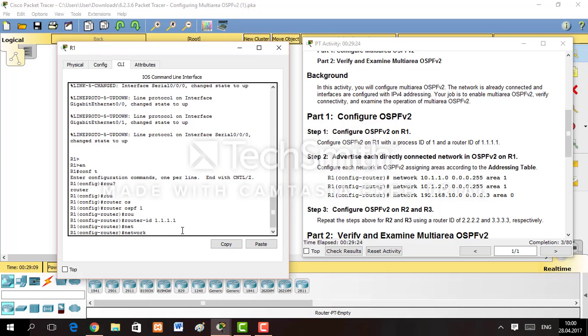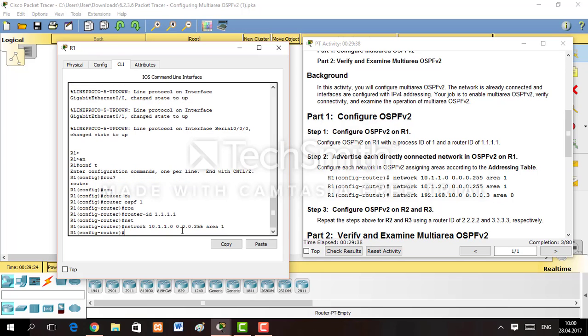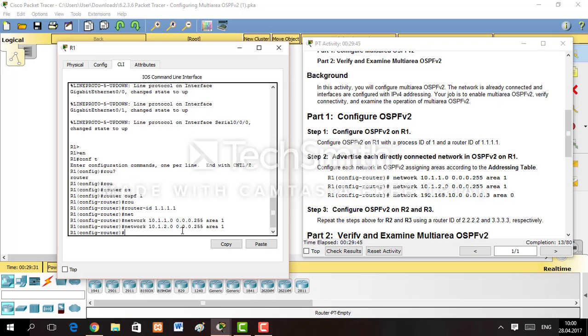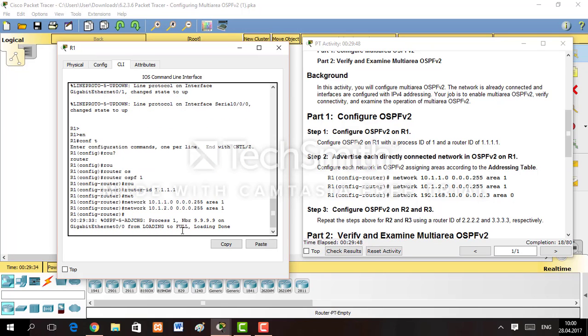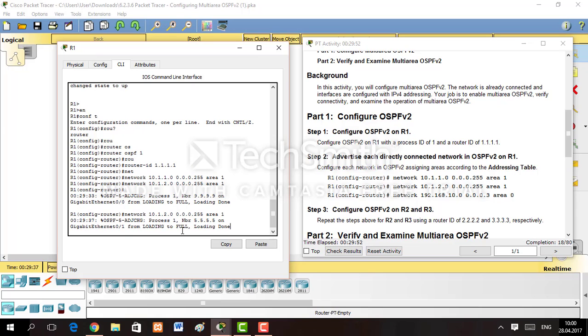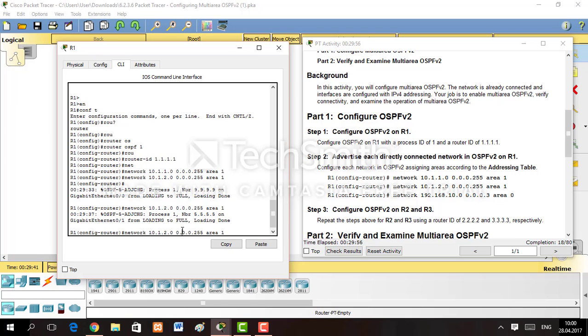Network 10.1.1.0 with wildcard mask 0.0.0.255 with area 0, and then the second network and the third network, with area 0.